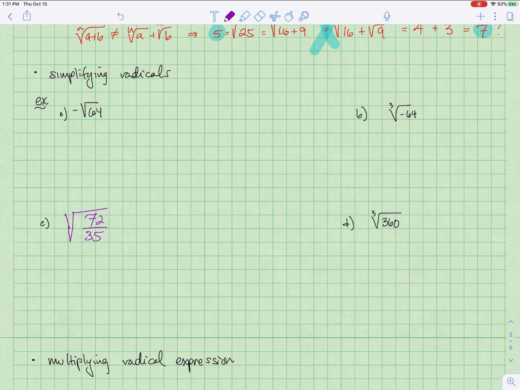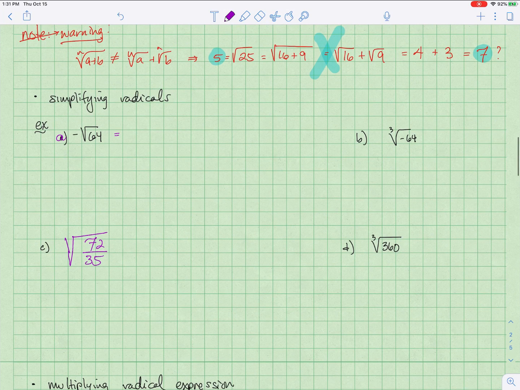Yeah, that's good. Okay, so starting with A here, this is supposed to be the letter A, we have the negative root of 64. Well, the square root of 64, how can we do that? I need a number. Let's say that's equal to negative k, where k squared is equal to 64.